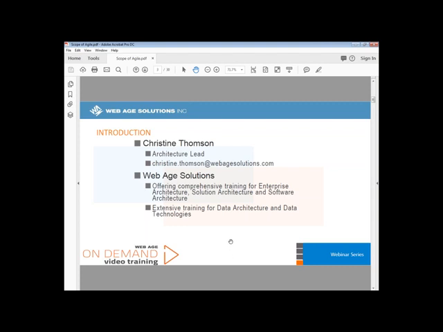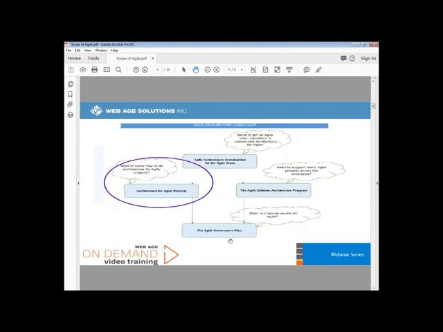So I'm happy to be here to lead this discussion on bringing in Agile to the organization and what the possibilities are for it. On that note, you will see that we have at WebAge an Agile architecture curriculum. This is a visual layout of the courses.